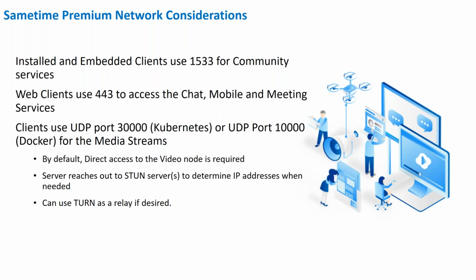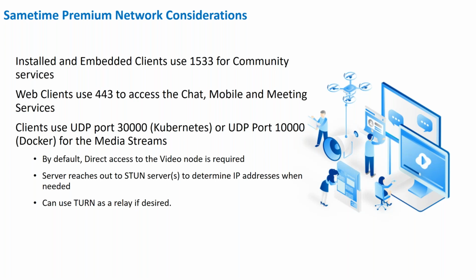And we determine that again, as I mentioned a moment ago, through the use of Stun. Stun is basically a "what is my IP address" for audio video streams. You reach out and it returns to you the address as it saw that request come from. And if your Stun server is on the external side, like the ones we use by default, the Google Stun, then you will get a public IP.